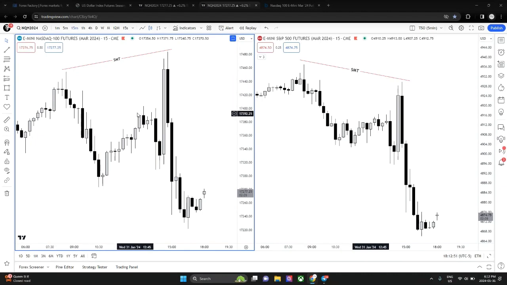So price went down. We had news trigger this liquidity run above this high right here. And then we had price break down even more. And remember that this is also sequential SMT. This high was formed in New York session. And this high was formed when? In the afternoon session. The same thing happened here, right?